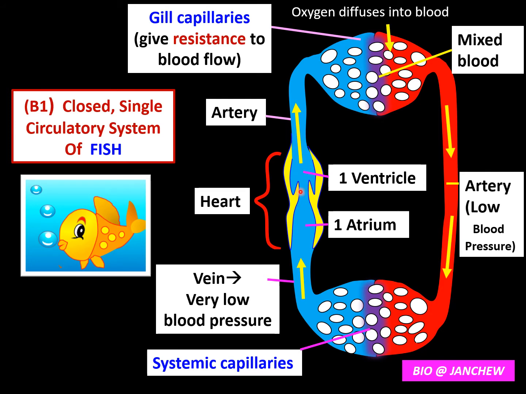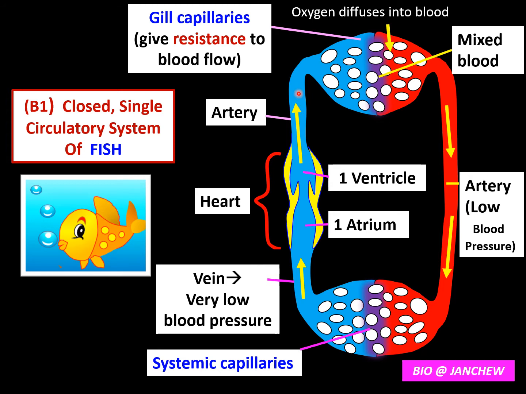The one-way flow of blood from atrium to ventricle is ensured by having this valve. The valve prevents the backflow of blood into the atrium from the ventricle. From the atrium, the blood flows into the ventricle, and the ventricle pumps the blood into the artery.